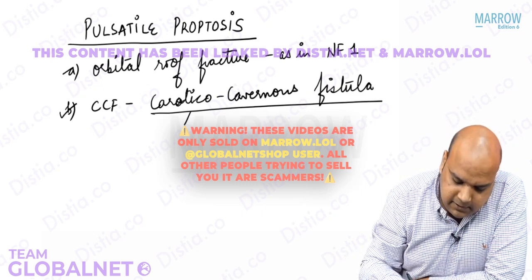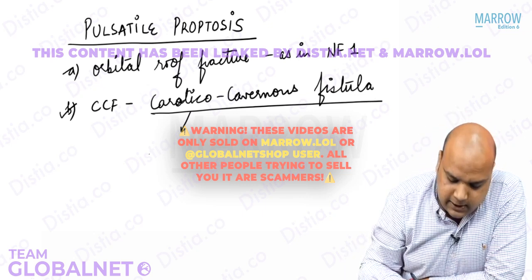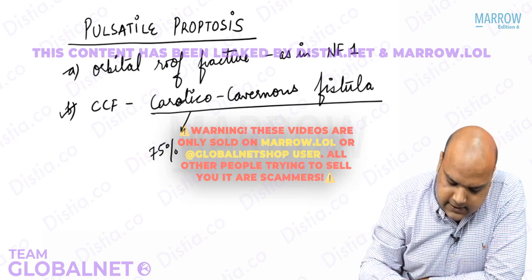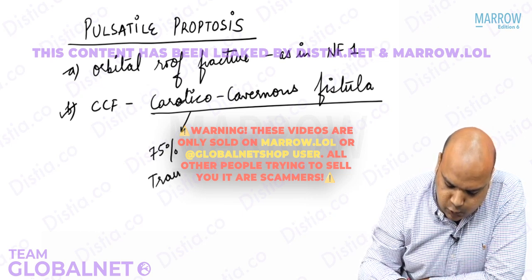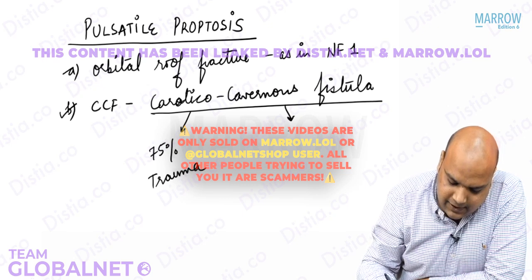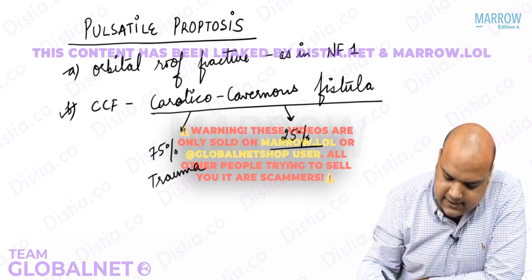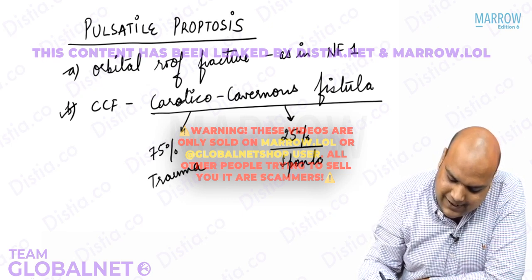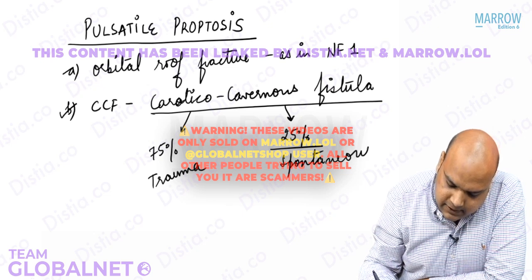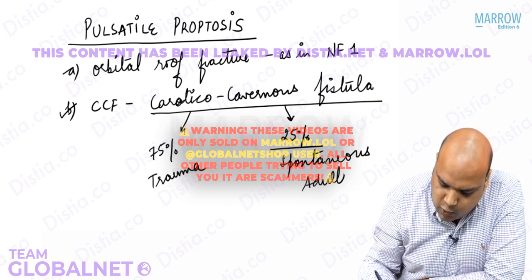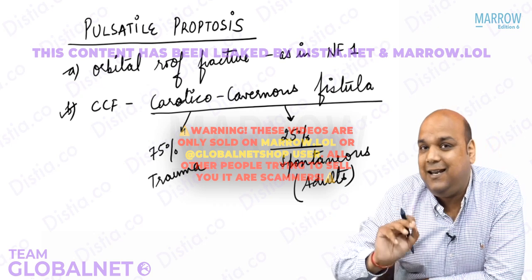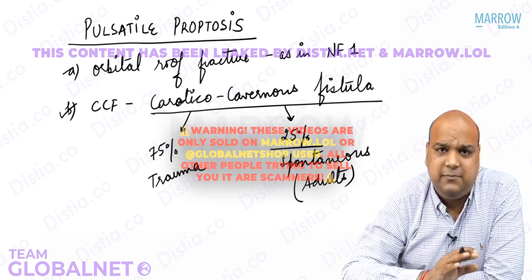Now, please remember, carotico-cavernous fistula is usually in 75% cases due to trauma, whereas in 25% cases, it can be a spontaneous connection. But if it is spontaneous, it is only seen in adults. It can never be seen in children per se.